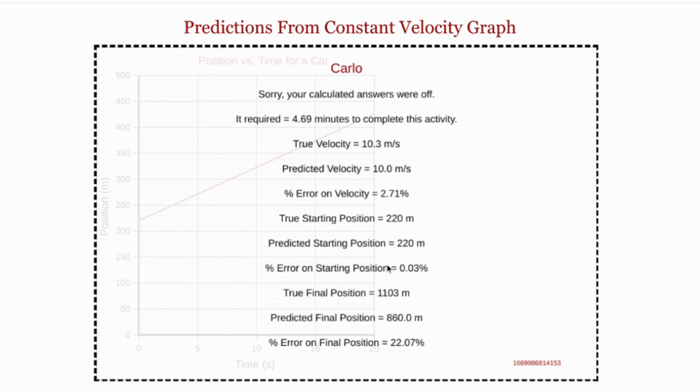So as long as you're under 20% on the first two errors, and I guess based on this, if you're under 30% on the final error for predicted position, then I'll accept it. Okay, this is a pretty sensitive program for this particular problem. I don't know how I would have got a better answer here, because my 10 is what's throwing off this final answer here for position. But we'll accept that one.